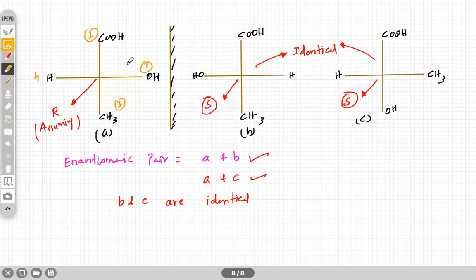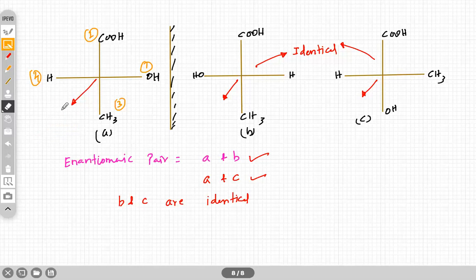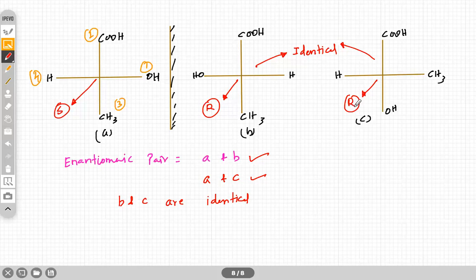So we'll exchange 3 and 4, 1, 2, and 3. It is anti-clockwise, R, so this one is S. Okay. So the correct thing is S, R, and R. This one is S configuration. This one is R configuration. This one is R configuration. This one is the exact configuration.